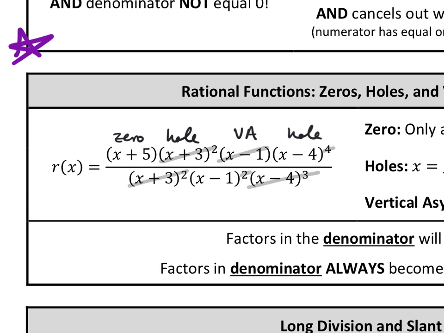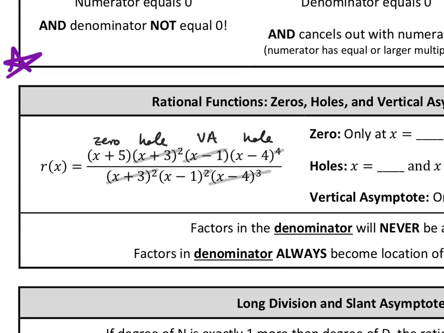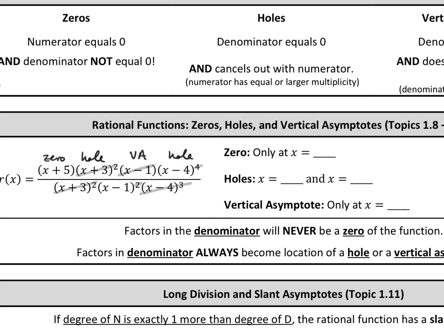If it stays in the denominator, it's a vertical asymptote. Which means for this one, the 0 is only at x equals -5. The holes are at -3 and at 4. And it only has a vertical asymptote at x equals 1. Notice that all of those signs are the opposite because you set them equal to 0, solve for x, and just change signs.